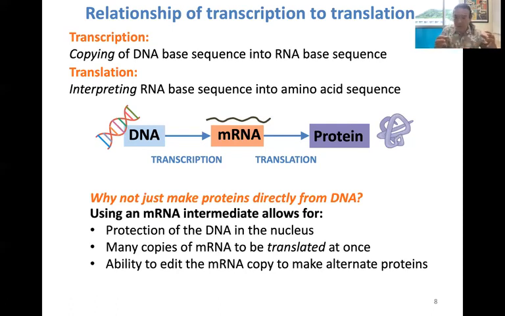So by using RNA, you have an intermediate molecule that's a little bit more expendable, because you can always make more mRNA from the DNA. The other benefit is that if you have a lot of mRNA molecules made, they can all be translated into the finished protein product at once. Therefore, you can make a lot of proteins by having a lot of mRNA floating around. And the third thing is you can edit the mRNA to make alternate proteins.